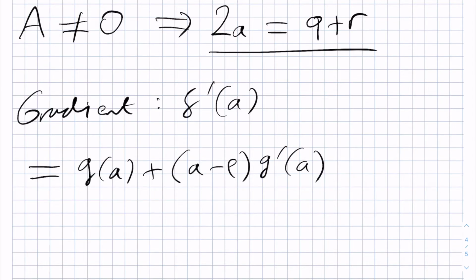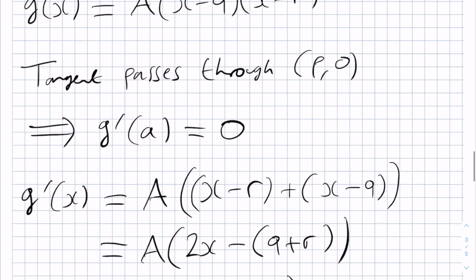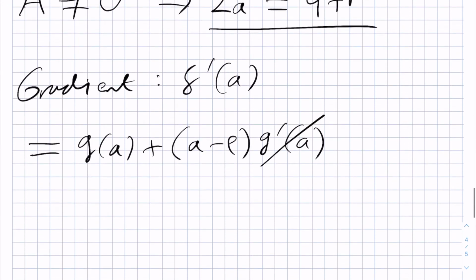However, in this situation, we have that g prime of a is equal to 0 because we have this condition here. And so this term is equal to 0, and we just have g of a.